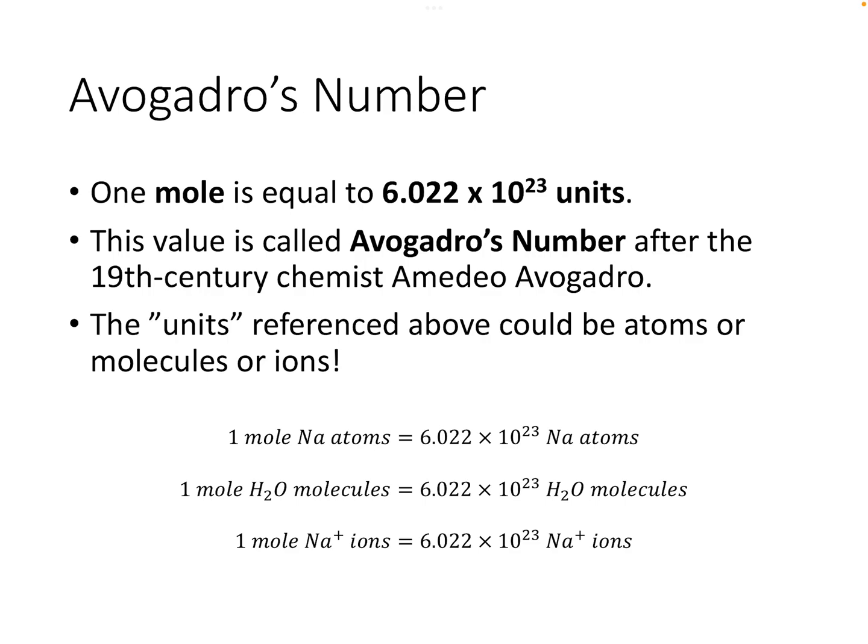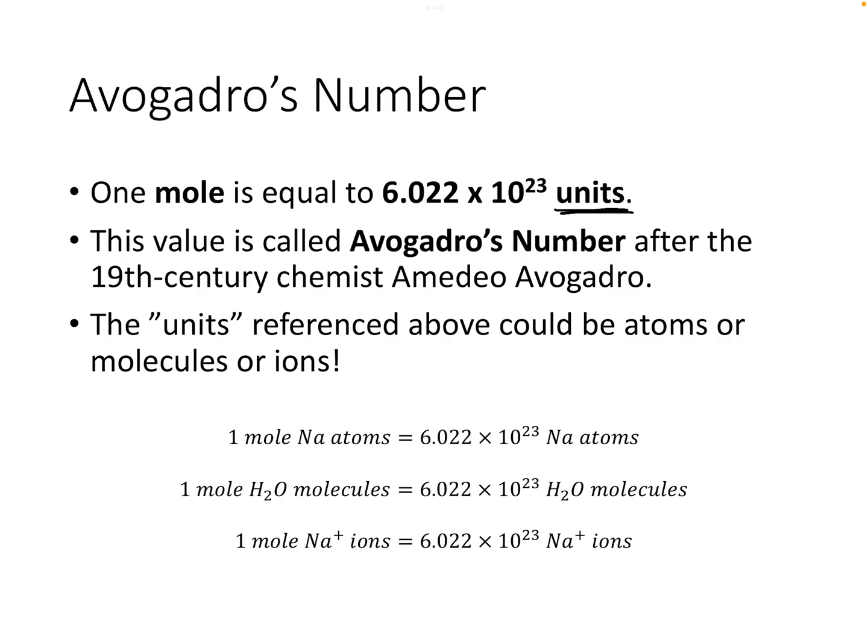Now, this number that we've been referring to is also called Avogadro's number. And this is named after the 19th century chemist Amedeo Avogadro. Now, the units that we talked about before, those can be atoms, molecules, ions, or really anything that we're counting.